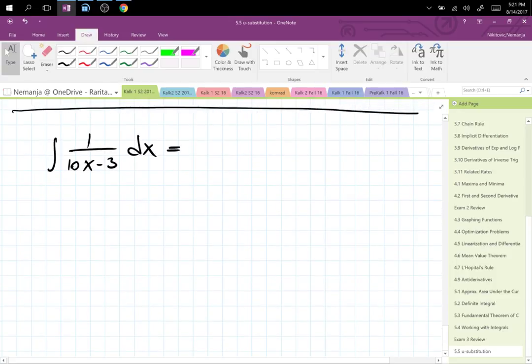This is an extremely frequent integral in Calc 2, a typical type of integral in Calc 2. So let's see if we haven't done one like this so far.